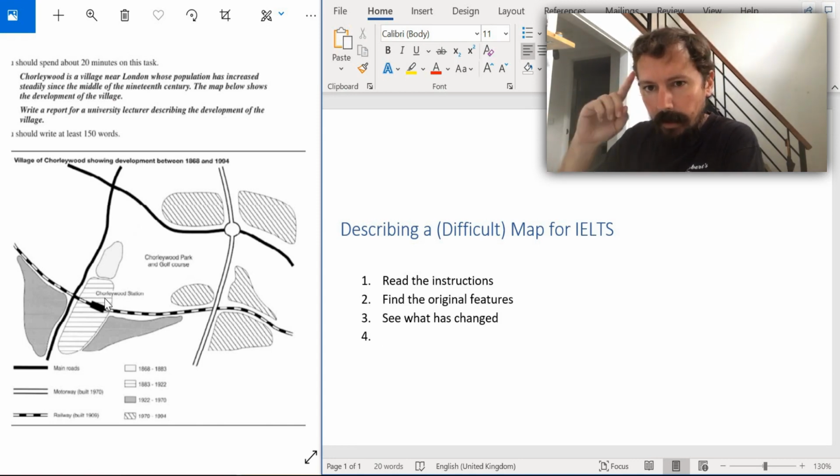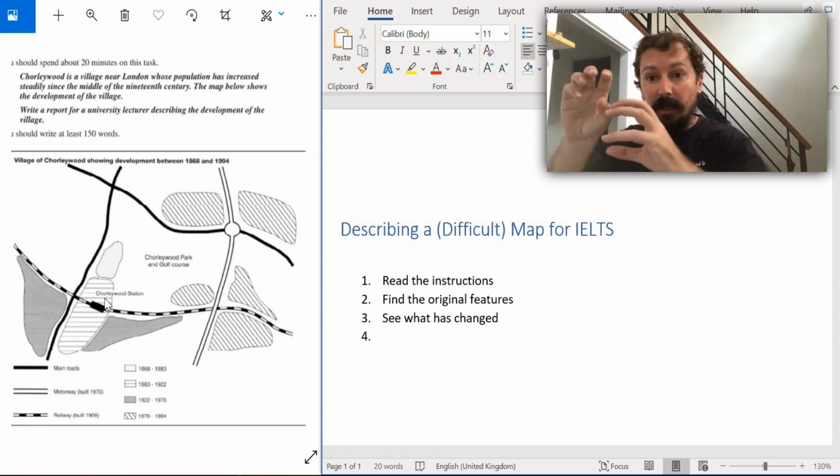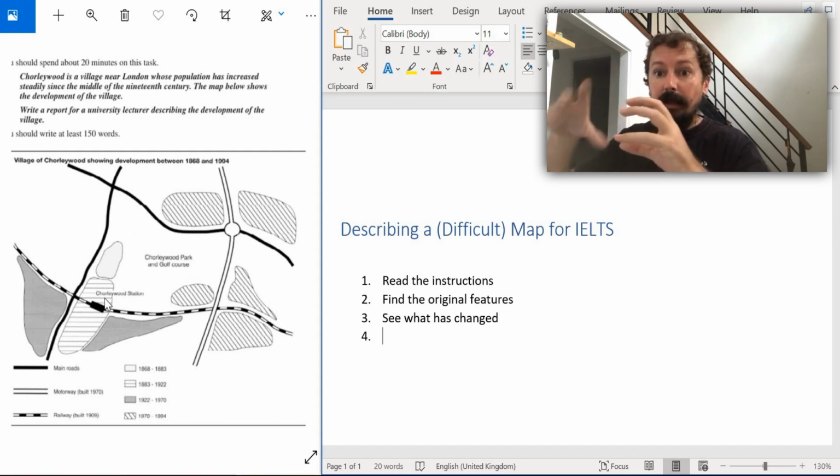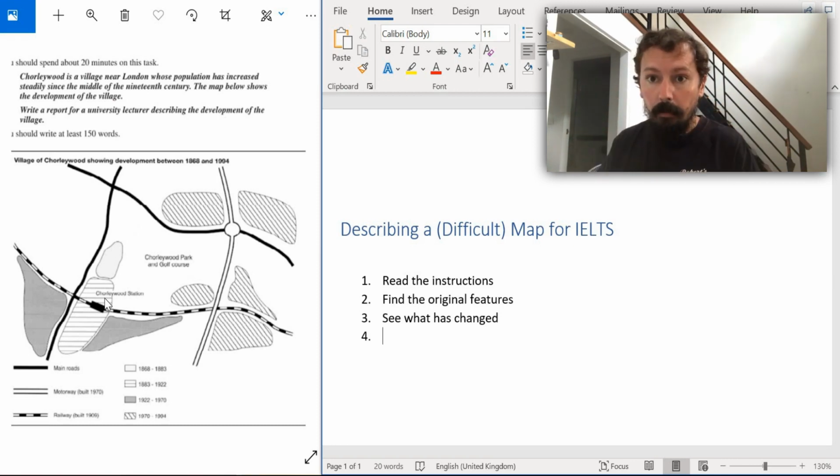So in our head, we should be thinking then, we've got the first village, and then it grew here, and then it grew here, and we can start to picture this. Once we can see it in our mind, then we can put it in English. So we have to see what is changed, and we have to think about the order of change.